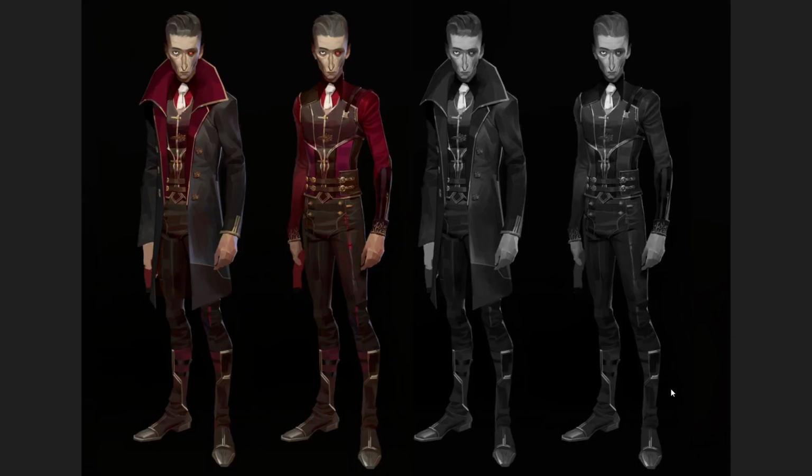Another example of this is Silco. So if you look at Silco, he has pretty much the same value structure throughout him, right? Because his coat and his pants are the same. But this is where color sets things apart. So for anyone who's watched Arcane, he's pretty much a villainous character.